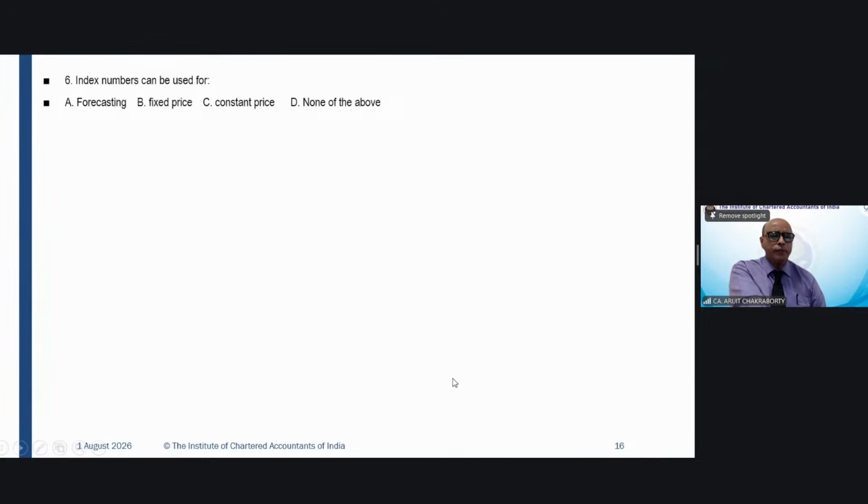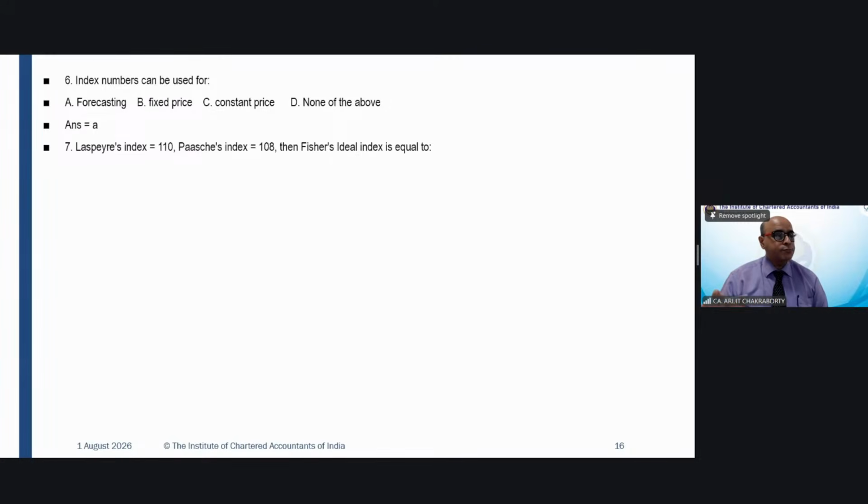Moving on to the next lot of questions. Number 6, index numbers can be used for what? Index numbers have a lot of applications, but forecasting I think is one of the most important applications. Option B and C of course are not correct.